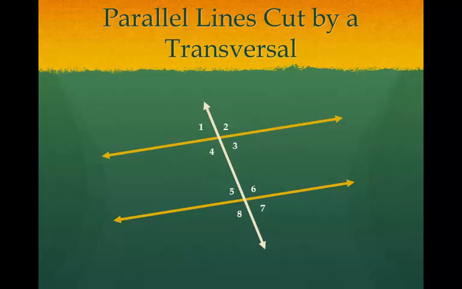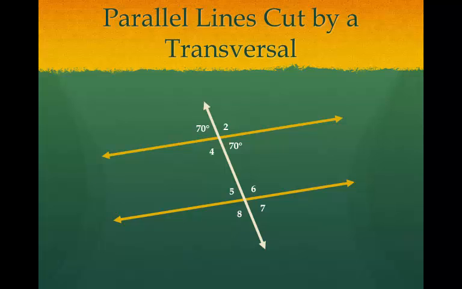We can determine a lot about the measures of the 8 angles shown here just by knowing the measure of one of the angles. In this figure above, let's assume that the measure of angle 1 is 70 degrees. From the previous slide, we know that angle 1 is vertical with angle 3, so they must be equal. So that would also be 70 degrees. From this information, there are many ways that we can find the other measures around that parallel line.